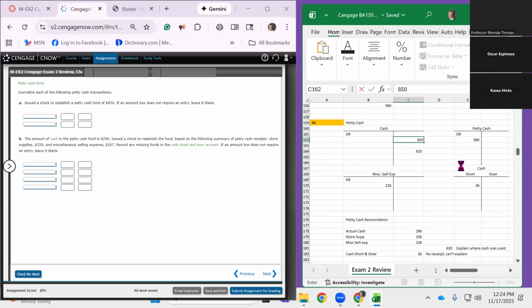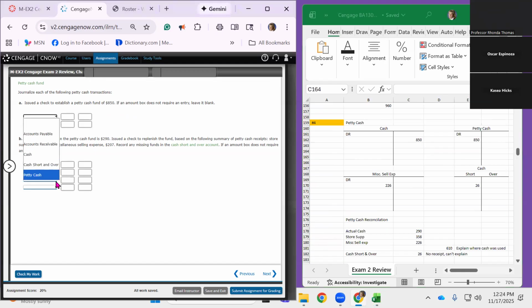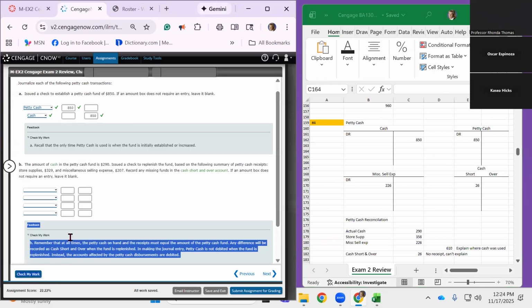So we took $850 out of the cash account and put it in petty cash, so we can keep track of how much we're keeping in there, because sometimes people forget, and that check is coming from the regular cash account. So you should be good there.